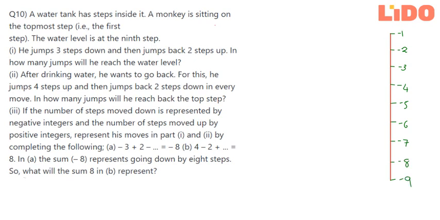Fantastic. Now we know that the monkey is sitting on the topmost step, that is the first step. So the monkey is here. And the water level is at the 9th step, which means this is the water level.